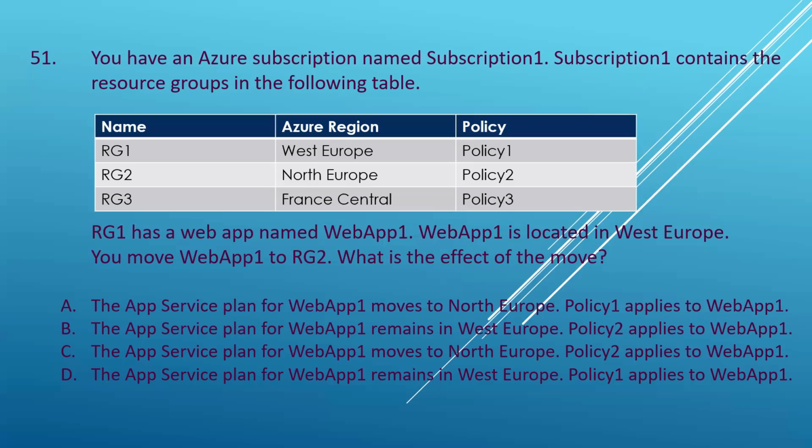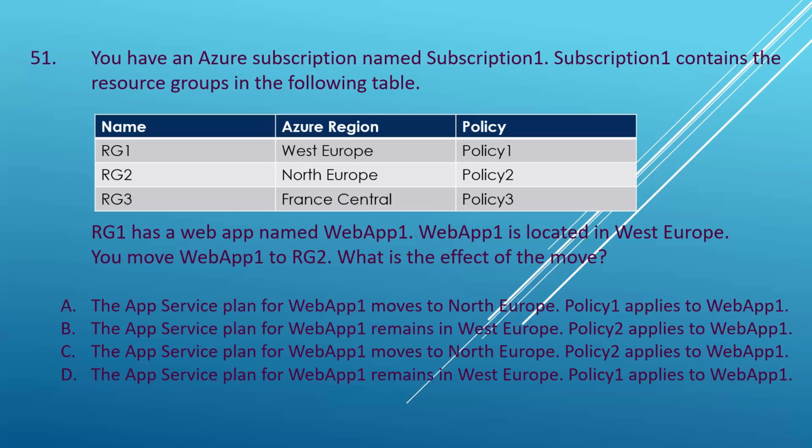Whenever you are dealing with such situations, you need to know that moving a resource only moves it to a new resource group or subscription. It doesn't change the location of the resource. So the app service plan will remain the same in West Europe. Based on this statement, you can eliminate option A and option C. Let's now look at which policy will be applied, as that's the second part of the solution. Policy in this case is scoped to resource group.